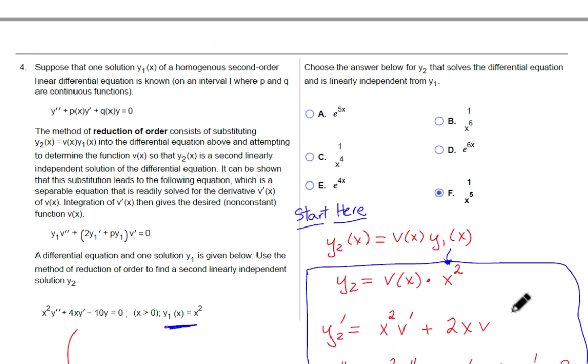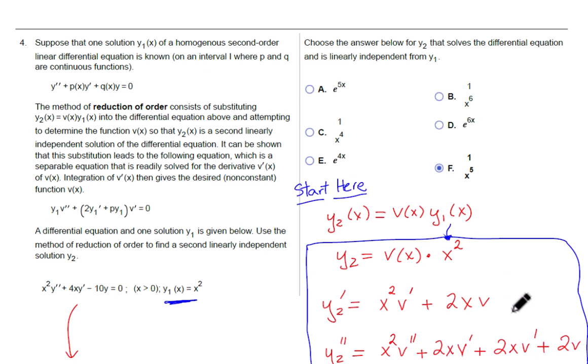All right, in question 4, they are showing me a particular form for a second order non-constant coefficient homogeneous equation.